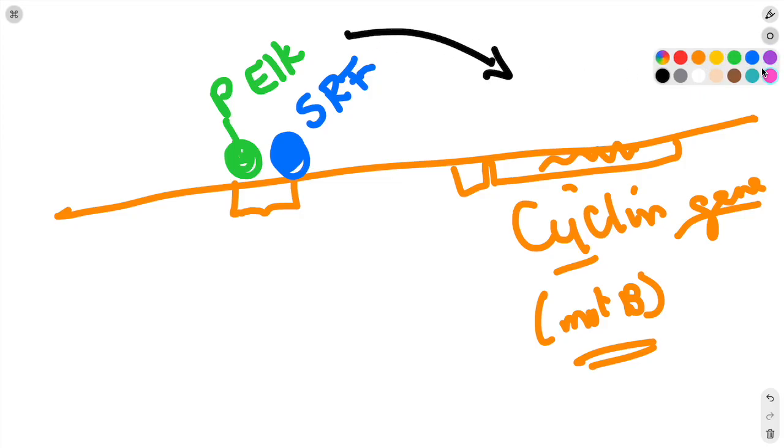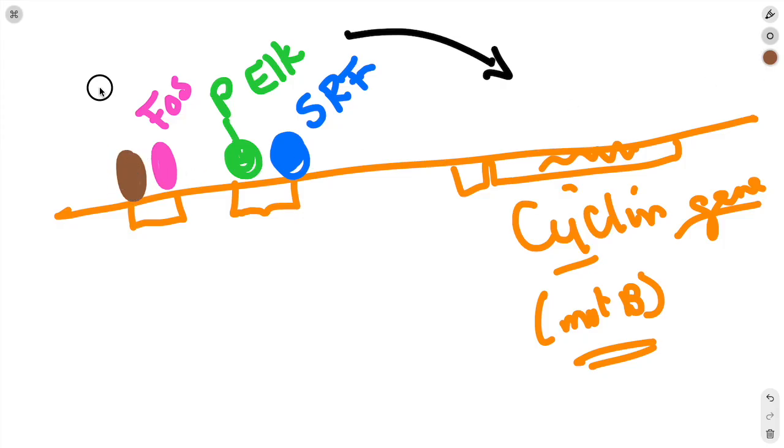And then we learned there's a totally different enhancer, and I should draw the enhancers all the same color because they're all just DNA. Here's another totally different enhancer, and it actually binds JUN and FOS. Like that, so we could also get cyclins activated sometimes by JUN and FOS.